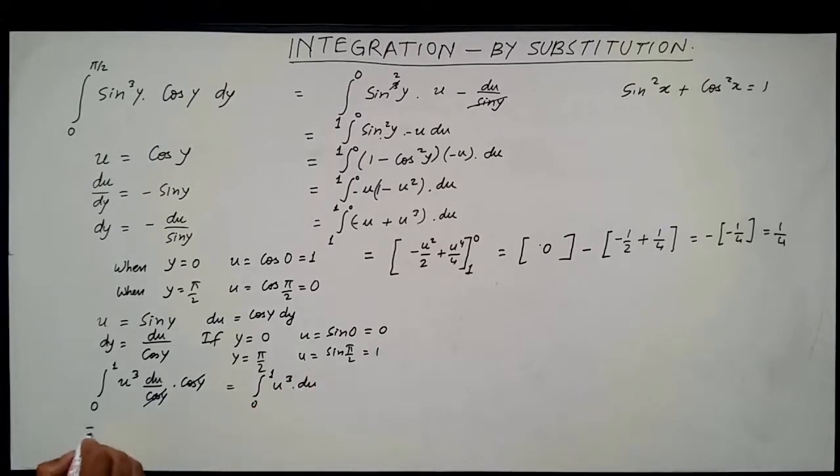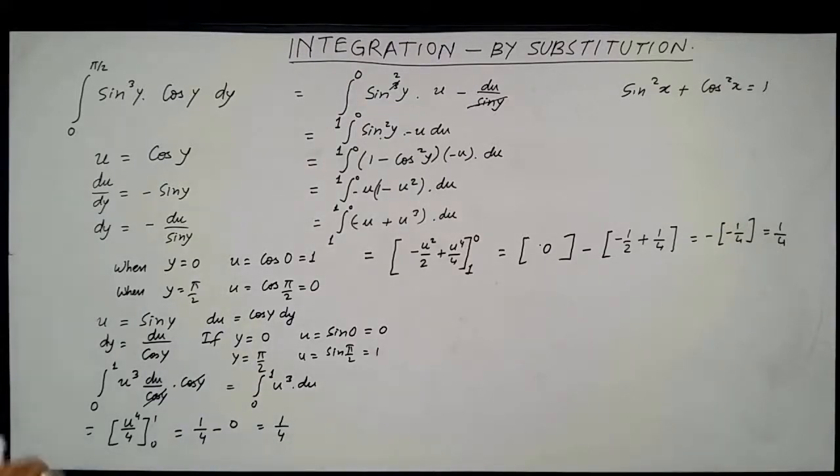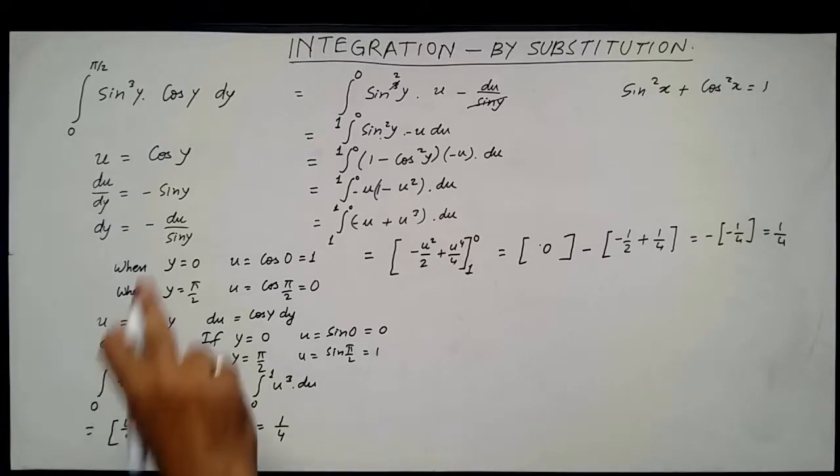If you integrate u cubed, it is u to the 4 by 4 between the limits of 0 to 1. So if you replace this by 1, it is 1/4 minus 0. So the answer is 1/4. You get the same answer as before. So it depends upon how you substitute.